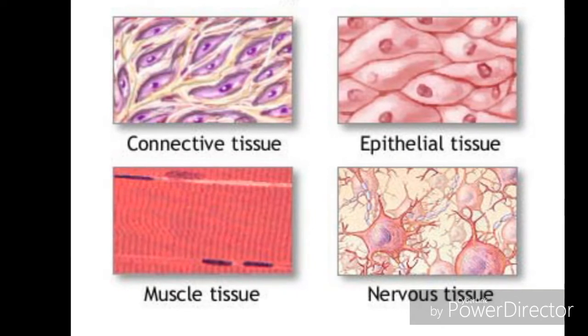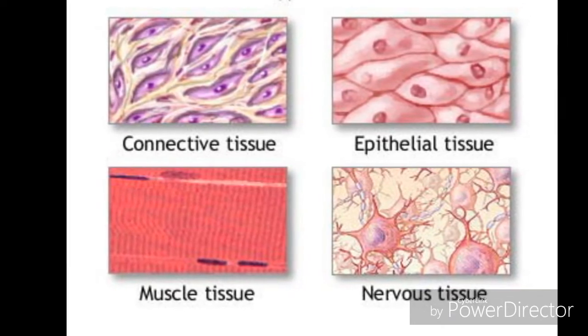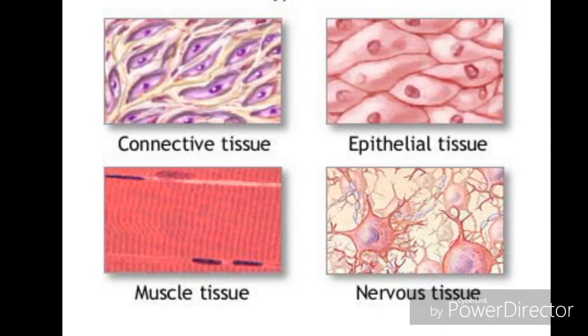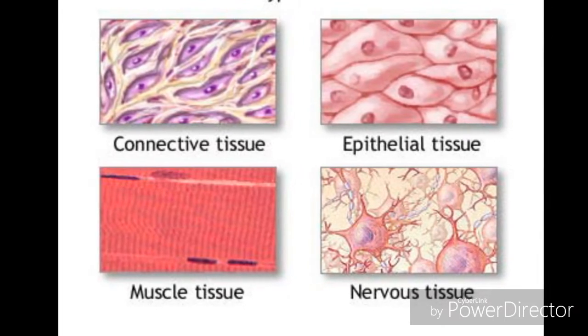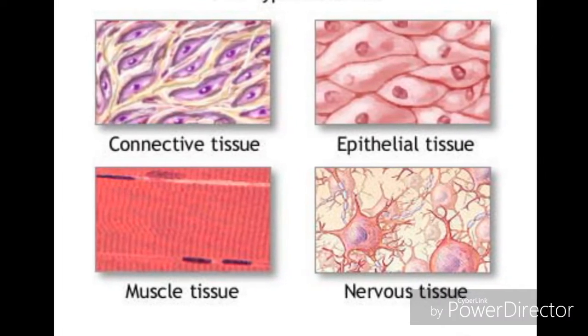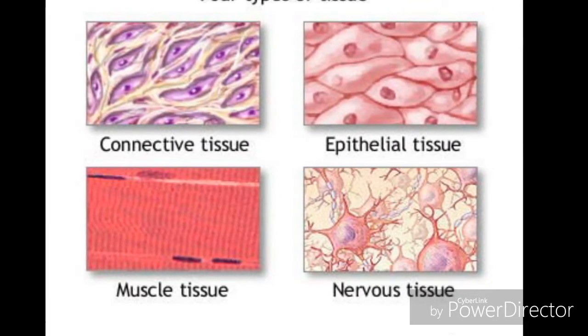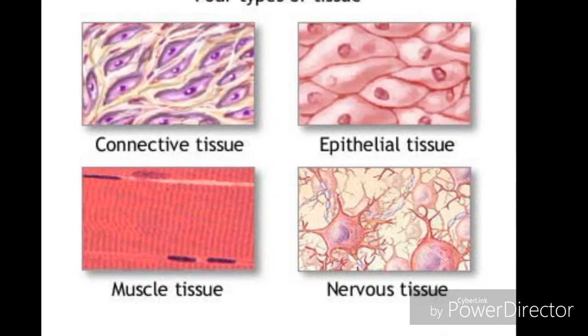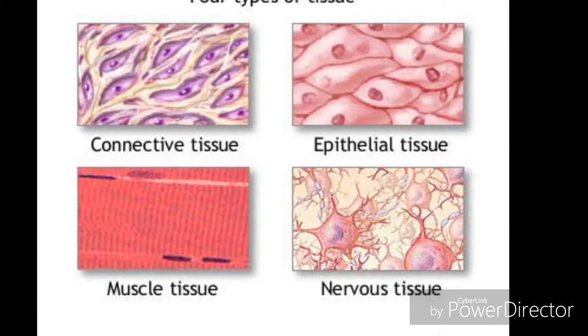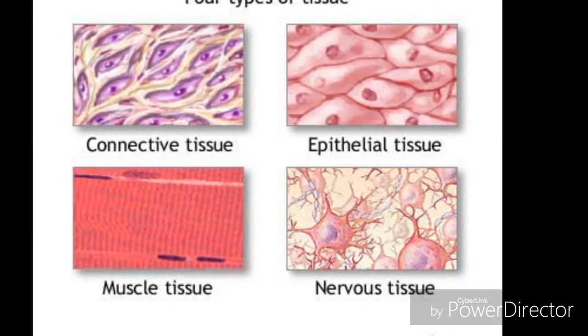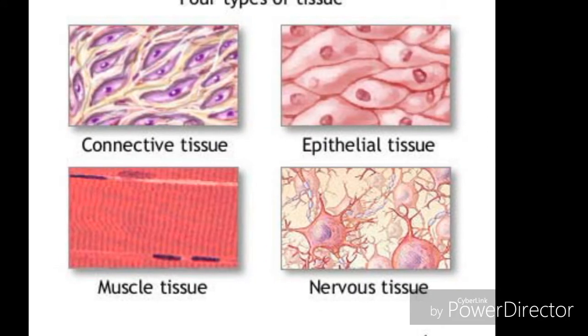It forms a barrier to keep different body systems separate. The skin, the lining of the mouth, the lining of blood vessels, lungs, alveoli, and kidney tubules are all made up of epithelial tissue.